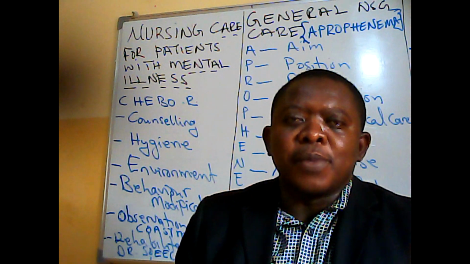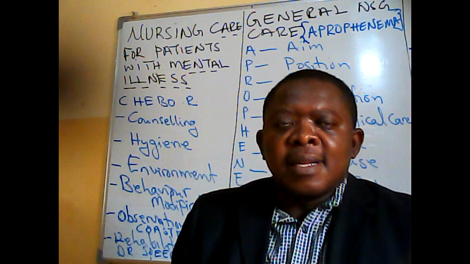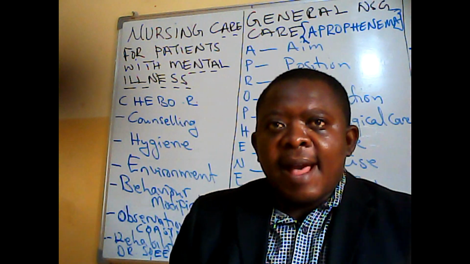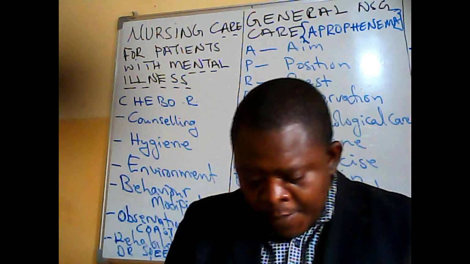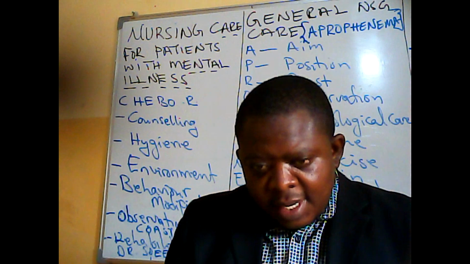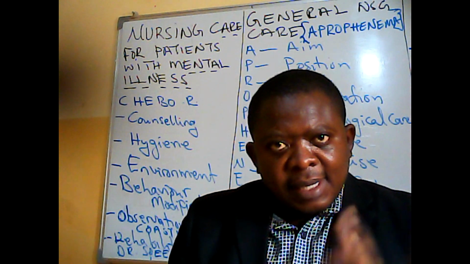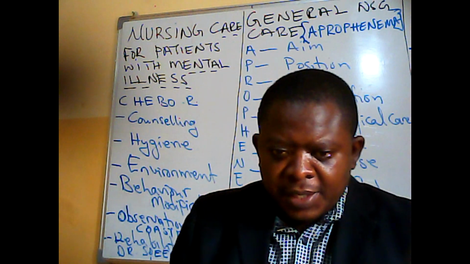So it's important that the community is given the proper counseling so that our colleagues with mental illness can have a meaningful and independent life. So C is for counseling, and I've mentioned the items that you need to look at when you are counseling the patient.